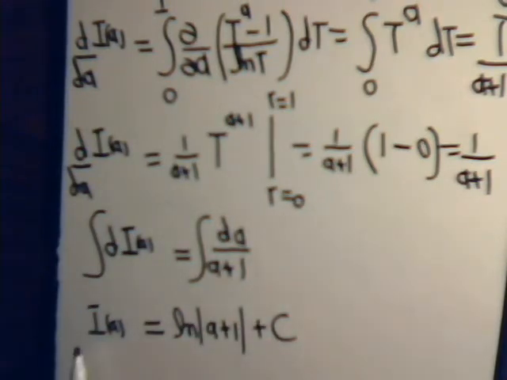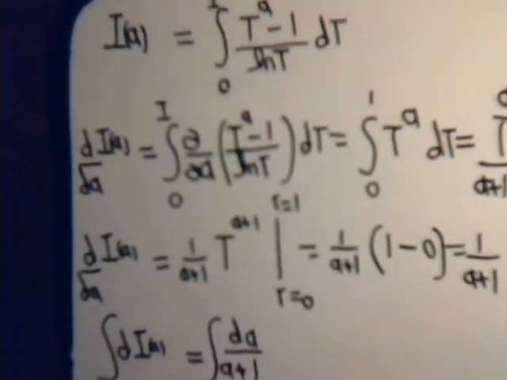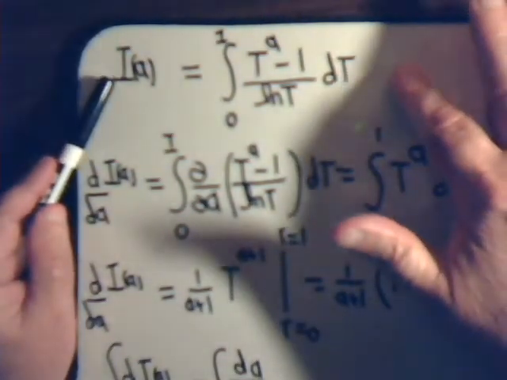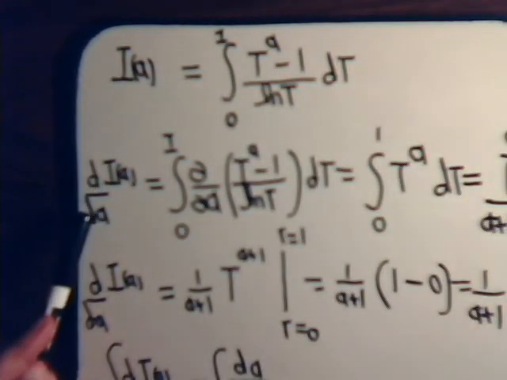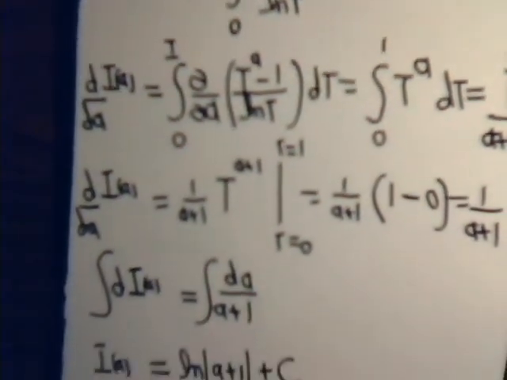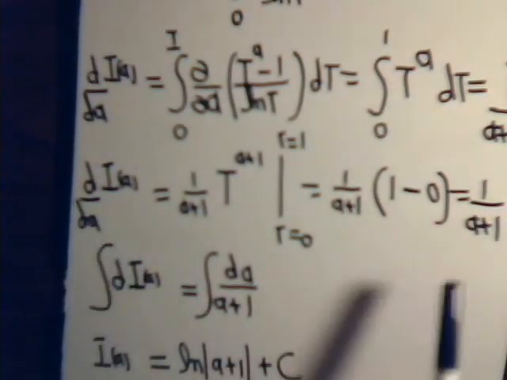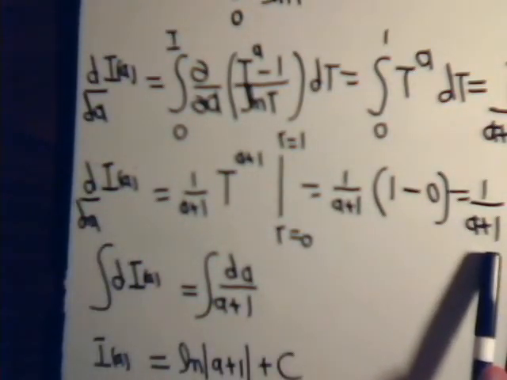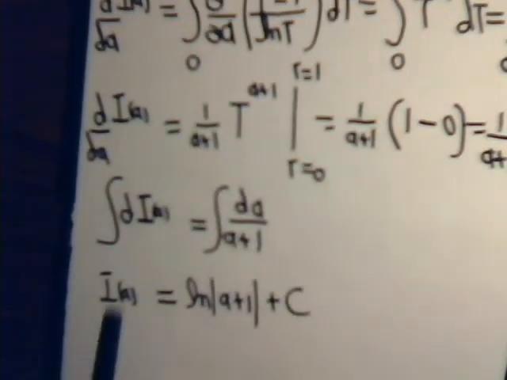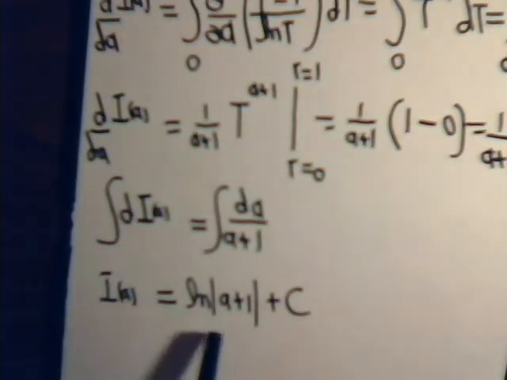So now we have an expression for I of a. So we started with this integral, we took its derivative, and we found that its derivative equals this. So that gave us an expression, this, that we can integrate. So now we have an equation that actually involves I of a, the integral, equals what?